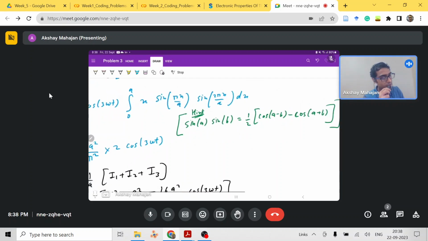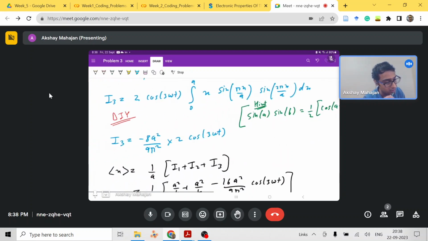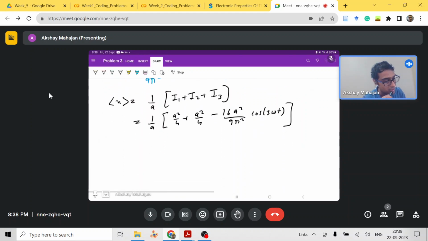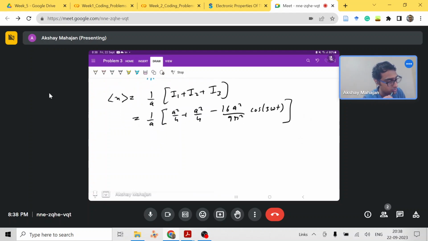This is the relation that we have used. So basically our equation will be half of 2 cosine functions, cos of pi x by a minus 2 pi x by a. So one will be cos pi x by a and one will be cos 3 pi x by a, and then you just have to solve that integral and you will get this equation. So you can try it out yourself, and if you have any doubt, it can be solved in the discussion forum or in the YouTube section.